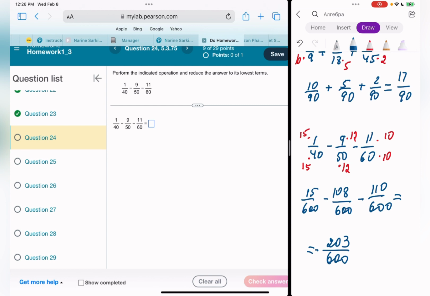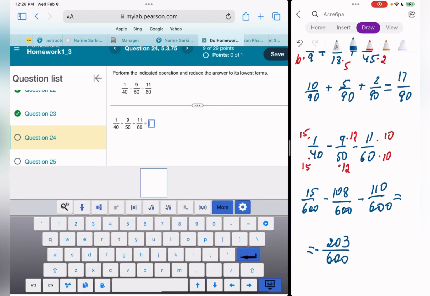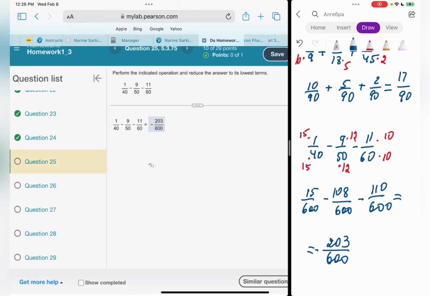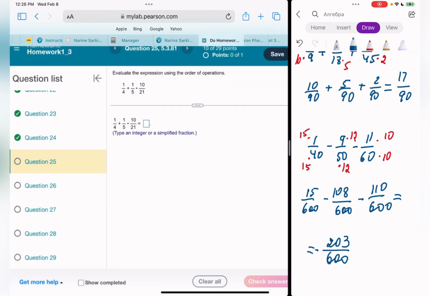And that's going to be the answer because I don't see how I can reduce this number. Negative 203 over 600. Very well done. Loaded us with crazy numbers.